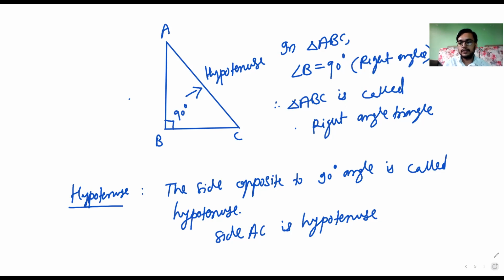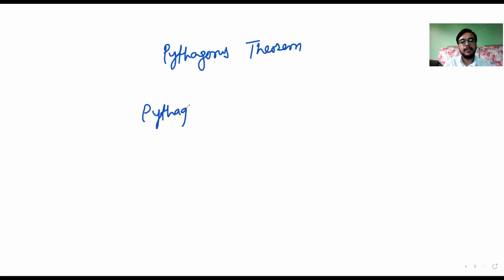Now, what is the Pythagoras theorem? Let us understand. As its name suggests, this theorem was introduced by a Greek mathematician, that is Pythagoras. Therefore, this theorem is called Pythagoras.